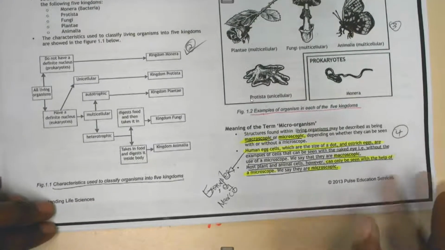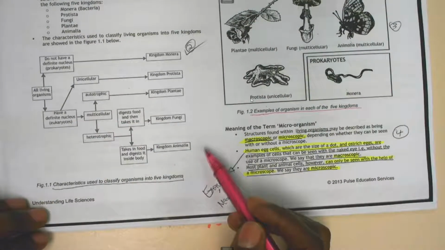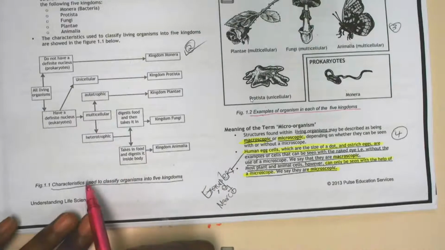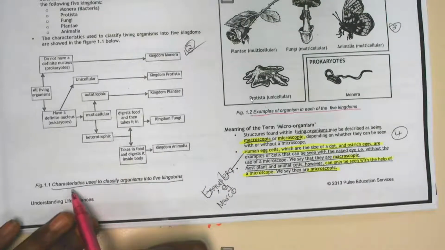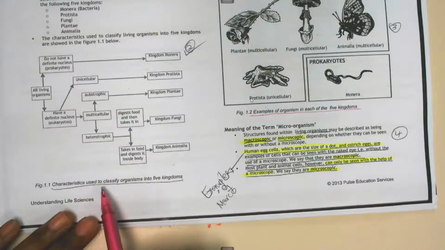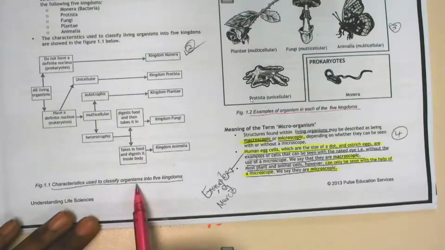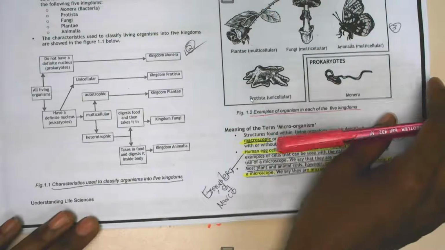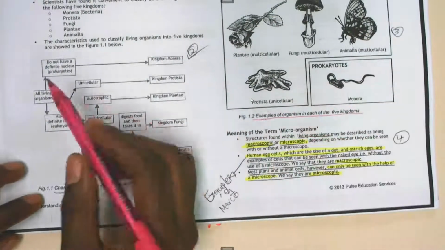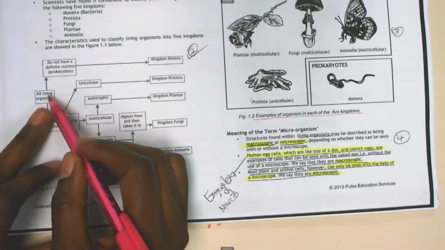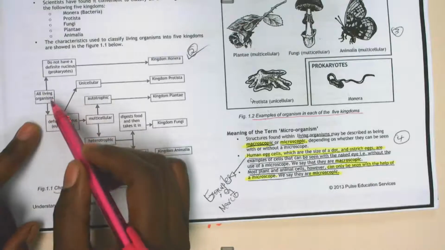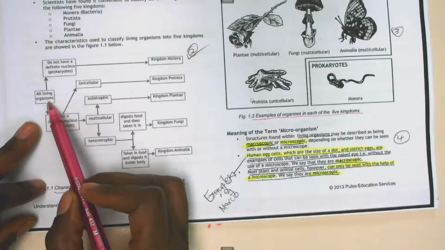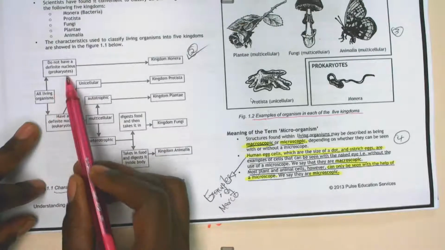Let us also look at this flow diagram. This diagram represents the characteristics that are used to classify organisms into the 5 kingdoms that we have mentioned. When we start at this point, we have all living organisms, which are divided into prokaryotes and eukaryotes.